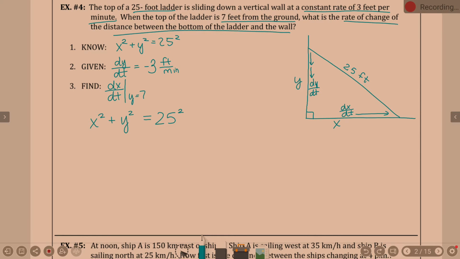Derivative of x squared: two x times the derivative of x with respect to t, plus derivative of y squared, dy dt, derivative of y with respect to t, equals derivative of 25 squared. 0. Not 2 times 25 times, I don't even know what else you would put there, but 0.